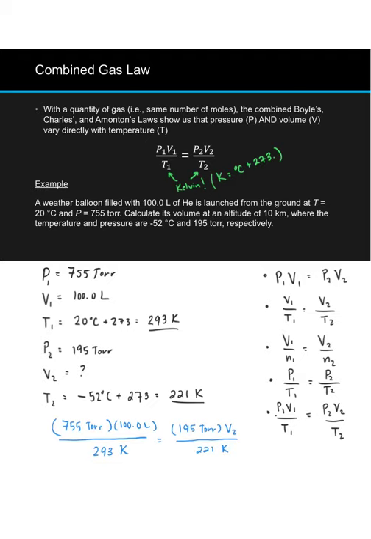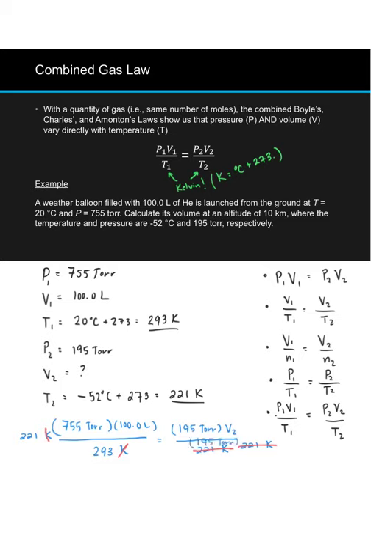To solve this equation, we'll multiply both sides by 221 K, similar to how we solved a problem earlier. When we do that, Kelvin on the right-hand side will go away entirely. We'll be left with just 195 times V2, and we can divide both sides by 195.